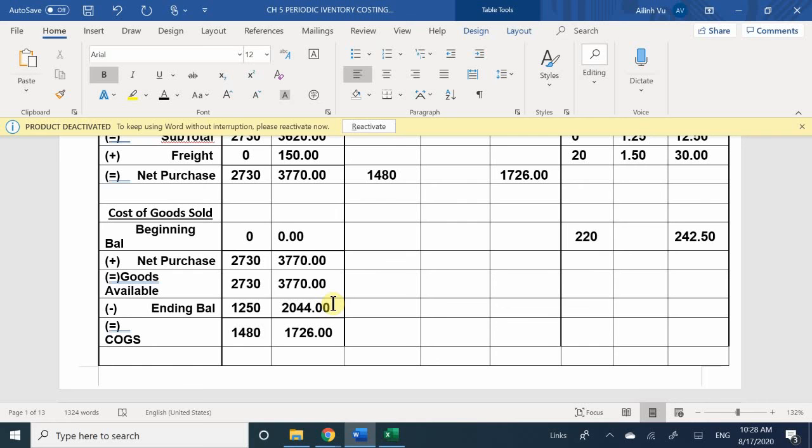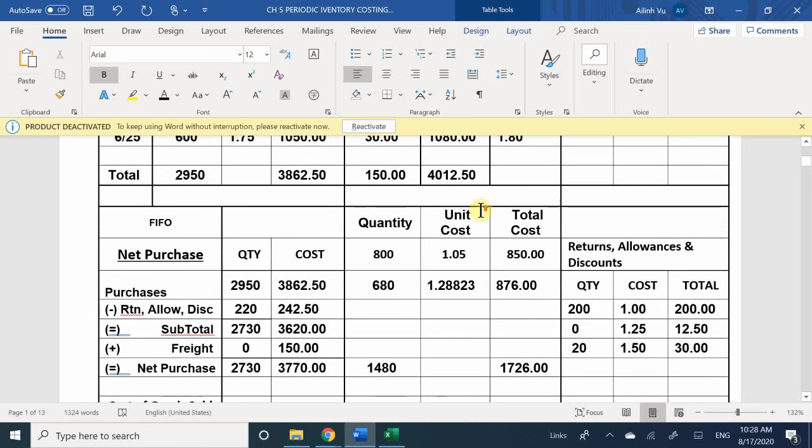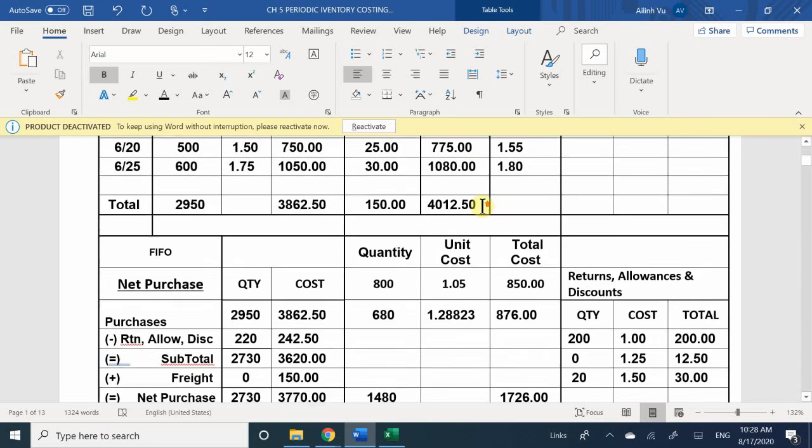I forgot to add that discount, so it threw off my answers just a little bit. But this is exactly why, when we move into chapter 6, this is very crucial, because I'm going to test you on this part too. This is also going to apply when we look into our actual fictitious business later on at the end of the term. So again, this is what happens when we deal with purchase returns and allowances.